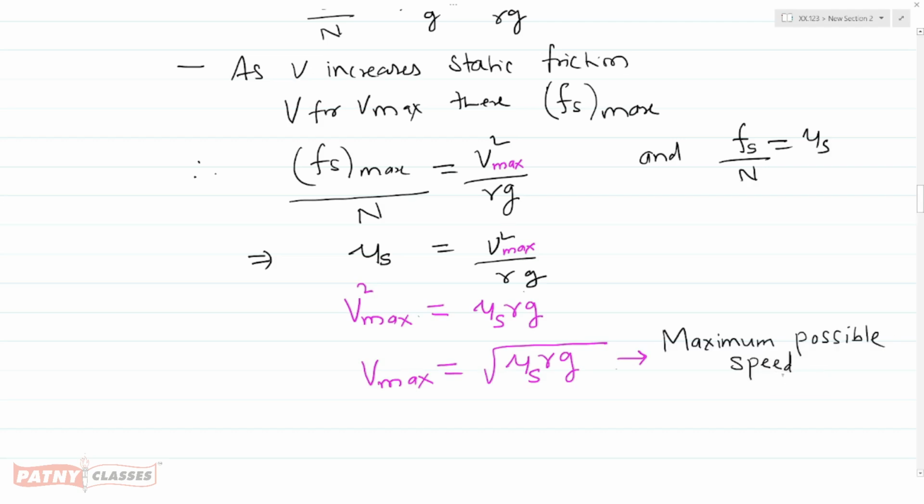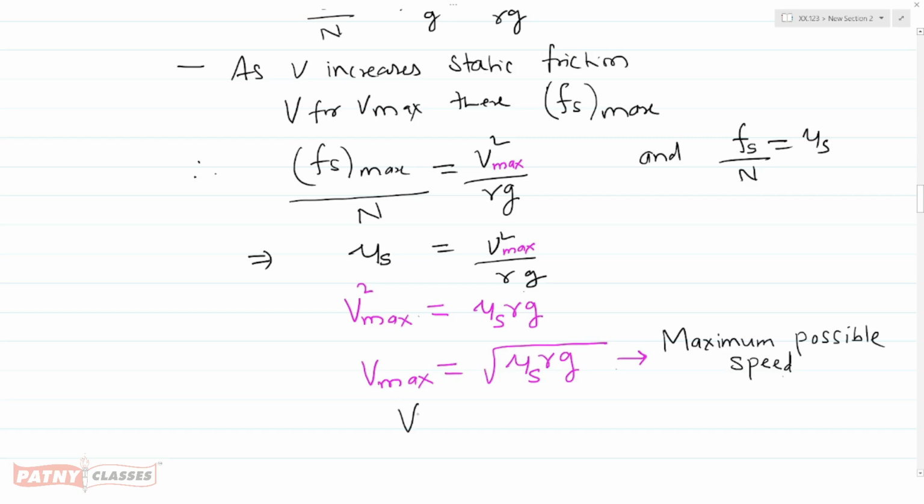This is the maximum possible speed of the vehicle. Why are we using the word speed, not velocity? The reason is that here we are not taking the direction into account. We are just talking about the magnitude of the velocity, and the magnitude of velocity is called speed. Therefore it is the maximum speed.